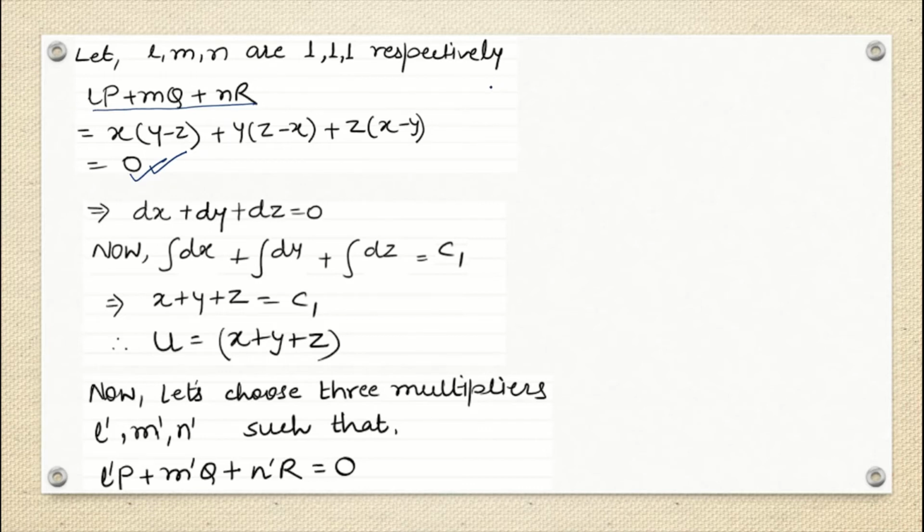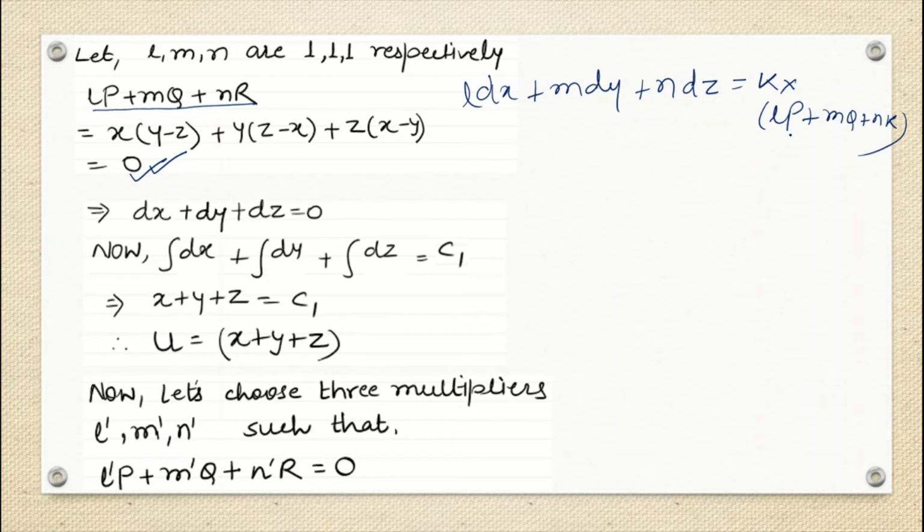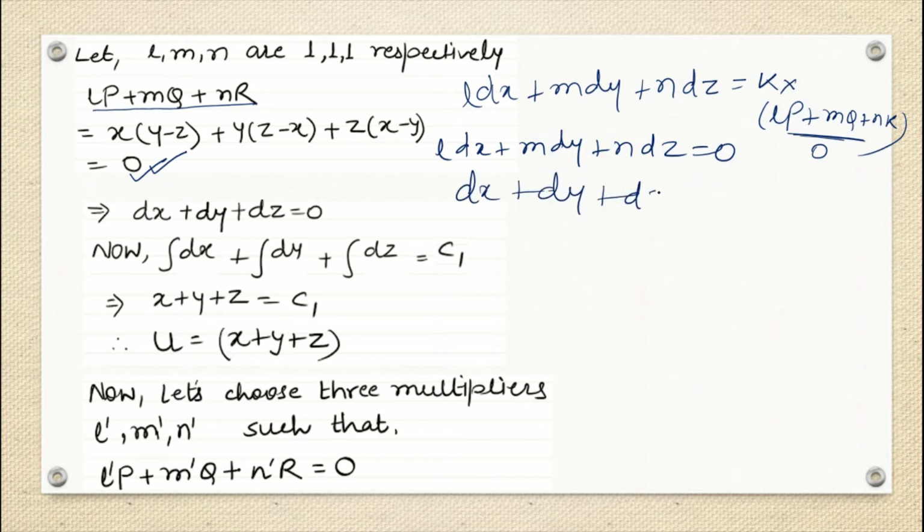Why? Because we had said that L dx plus M dy plus N dz equals k into LP plus MQ plus NR, and then this is 0. That means my L dx plus M dy plus N dz is 0. Fine. So what is my LMN? They are 1 only. That means dx plus dy plus dz equals 0.